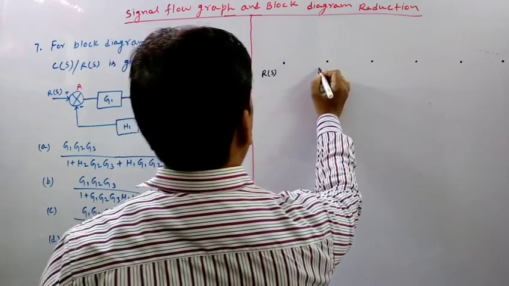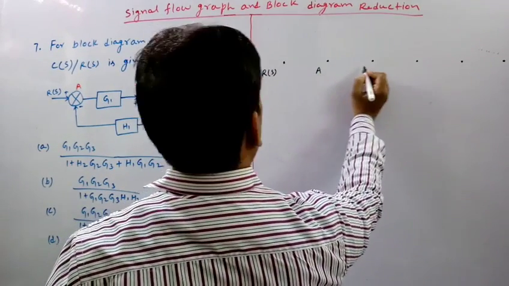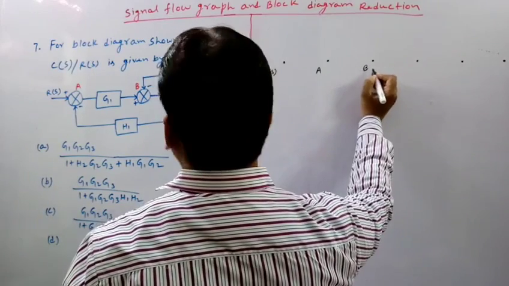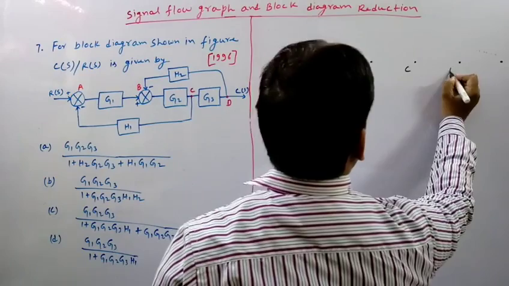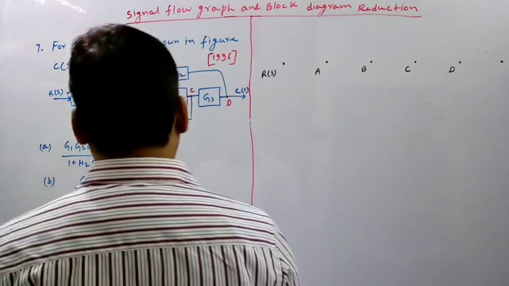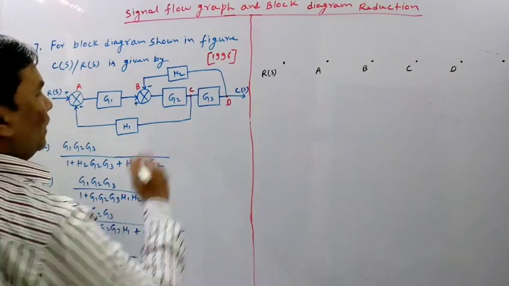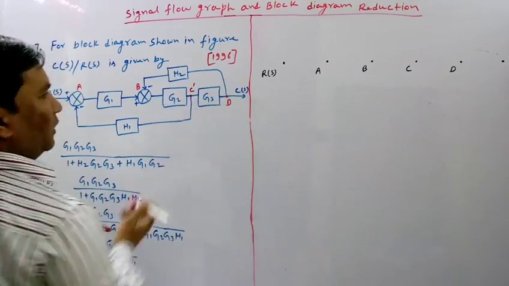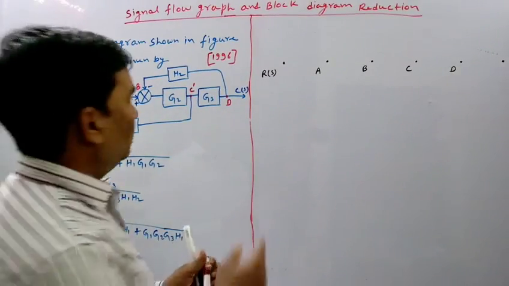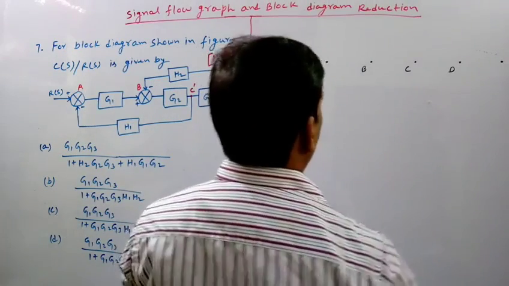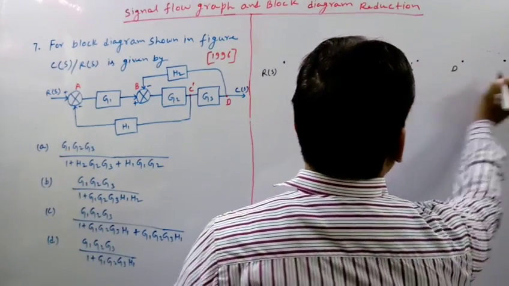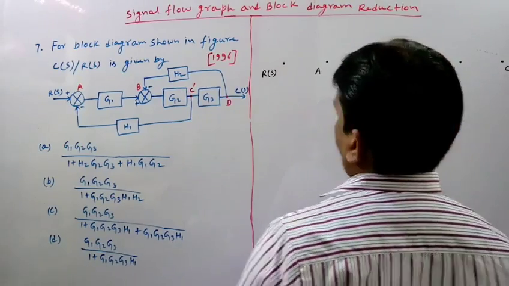This is A, B, C, D, and this one is C dash, because we will get confused with two C's. So it is C dash, and the final point is C.